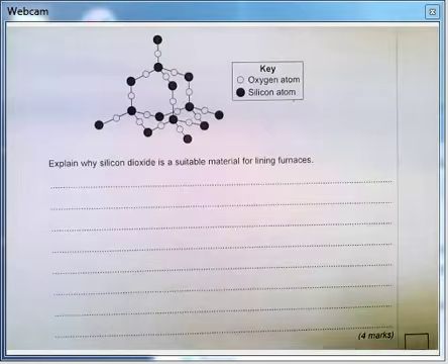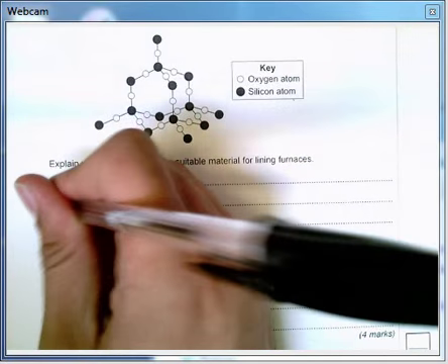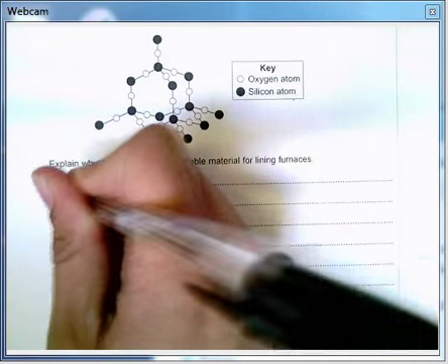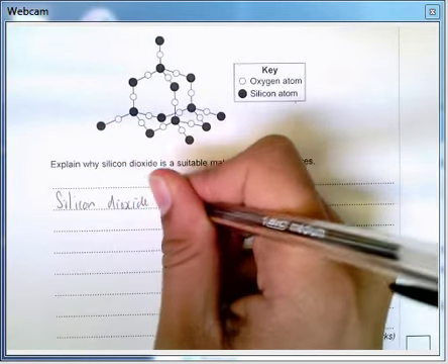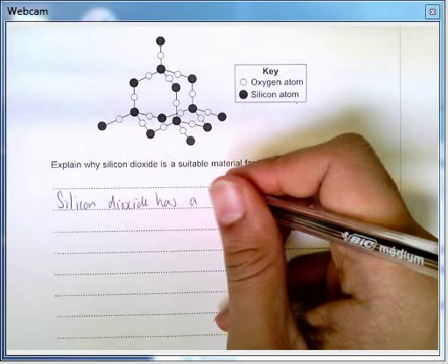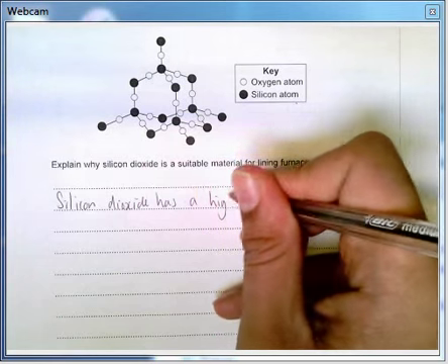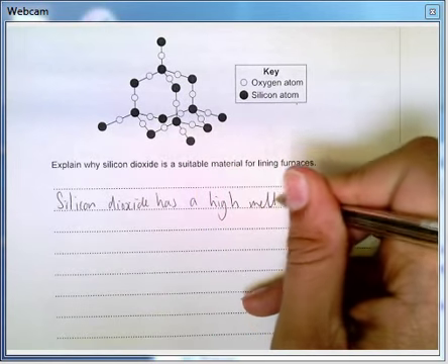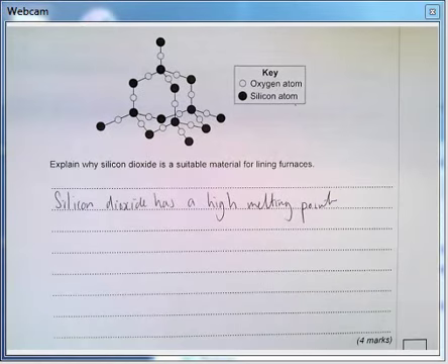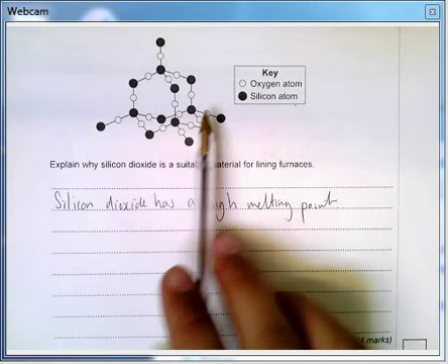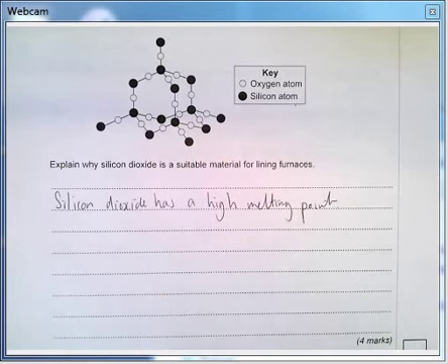So because of this structure, silicon dioxide has a high melting point. So this means that there's a lot of energy required to break these bonds. It has very strong bonds, and it's in a giant structure, as we can see here. It keeps repeating the same structure, one on top of the other.